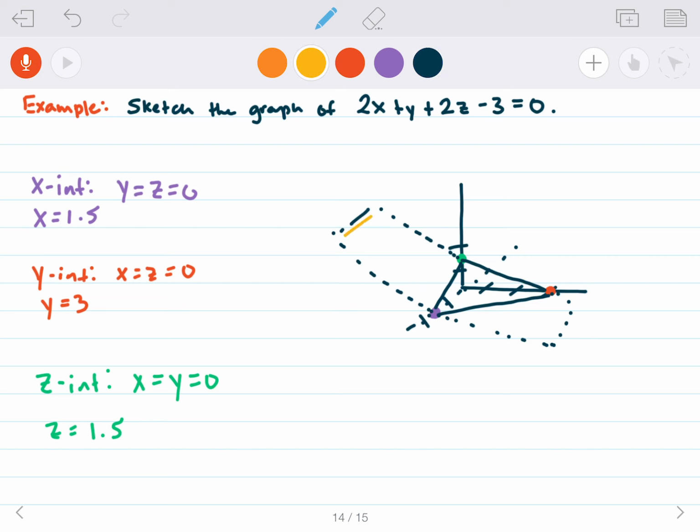Let's shade it in. So there is our plane. This little triangle section is just part of it. And keep in mind, guys, these planes are infinitely thin, and they go out infinitely in each direction, okay?